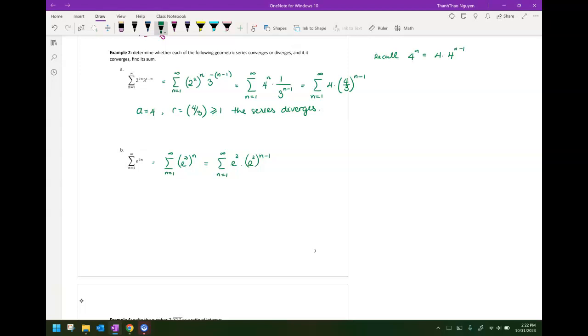So here we have a equal to e squared, and r equal to e squared. So e squared is greater than or equal to 1. So then the series diverges.